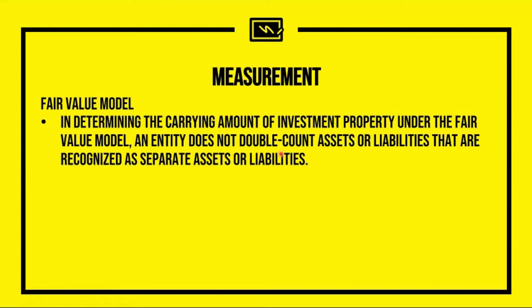So for example, in a building, you have elevators and air conditioning or thermostat or whatever. Okay? Although the elevator or the escalator or the air conditioning can be considered as a separate PPE, you should not separate it from the total amount of the investment property because the air conditioning, the escalator, and the elevator are integral parts of the investment property.